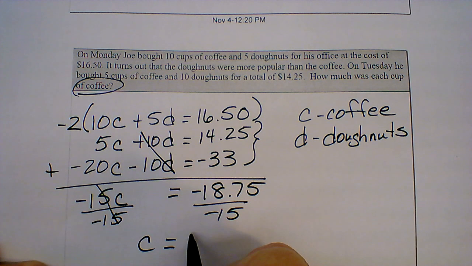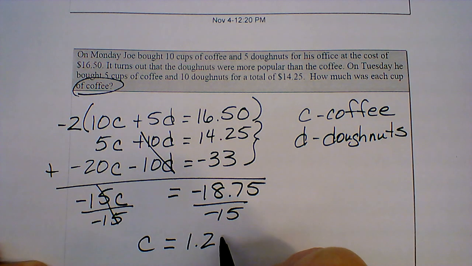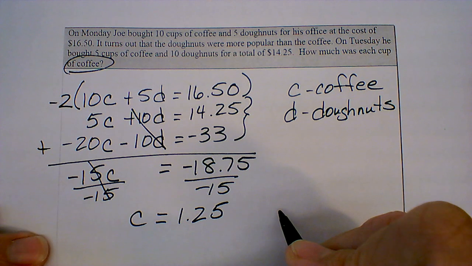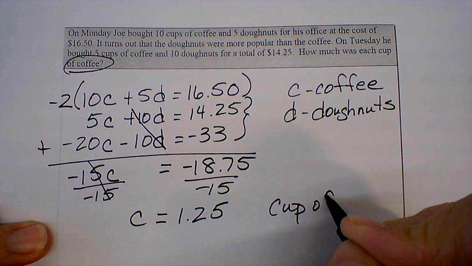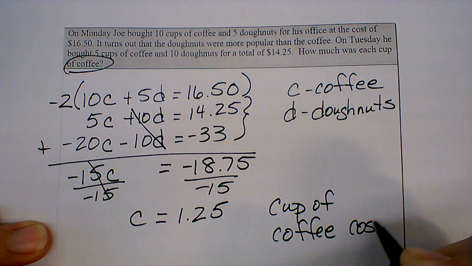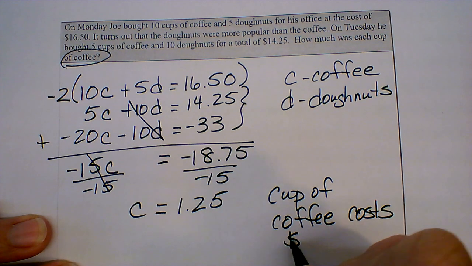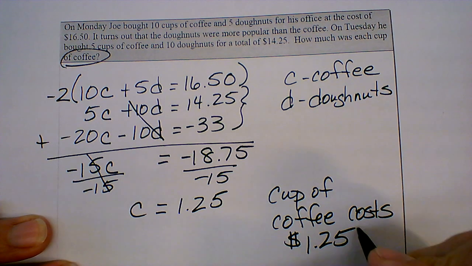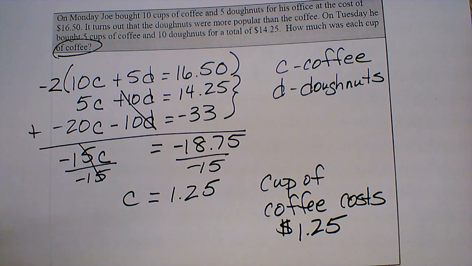So that will give me 1.25. So a cup of coffee costs $1.25. We don't need to go find the cost of a donut because it wasn't in the question.